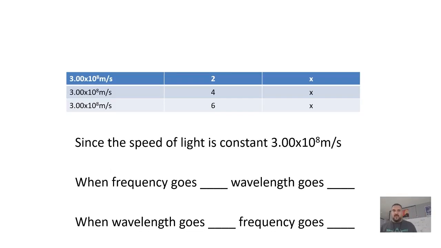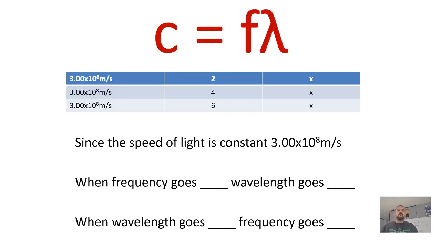Let's go ahead and do some practice. So here's our equation. Who finished Unit 6? Hands up, you finished Unit 6 on positive chemistry. Okay, so you've already practiced this. Tell me, in math, when you have two things on the same side of the equal sign that you're comparing, what kind of relationship do they have? Is it a direct relationship or an inverse relationship?